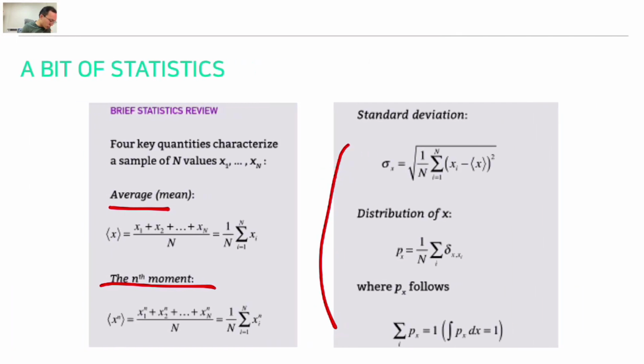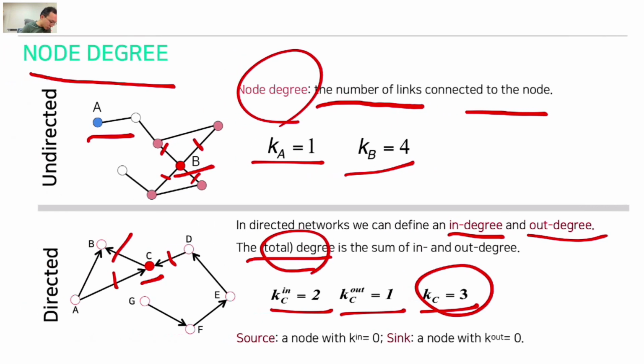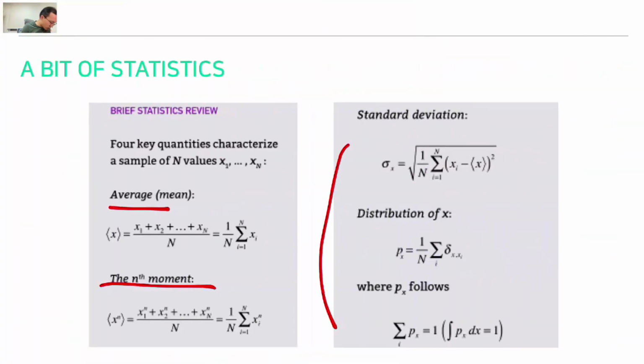So when you say average degree, you can provide the average of all the degrees of the nodes, right? We have degree information for all nodes in here, and we can compute the average score. It will be the same for the nth moment. Standard deviation and distribution will also be the same.